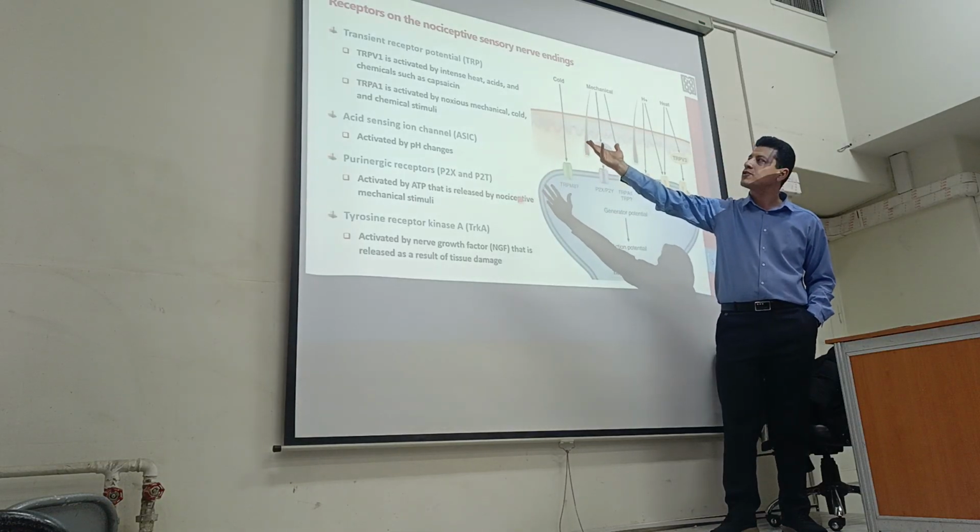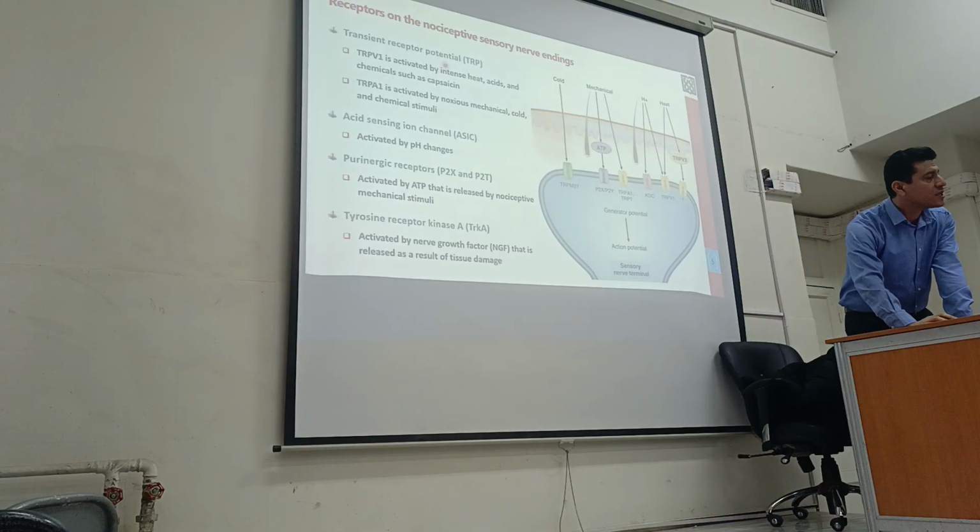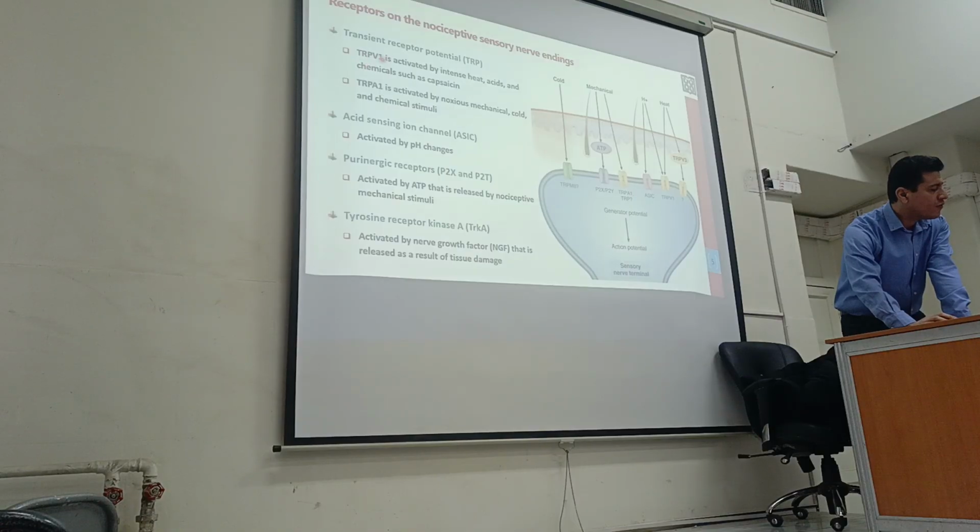Transient receptor potential channel. So this is the name of a channel, right? Transient receptor potential. So we have TRPV1, TRPA1, and also other types. They are activated by heat, acids, chemicals, right?